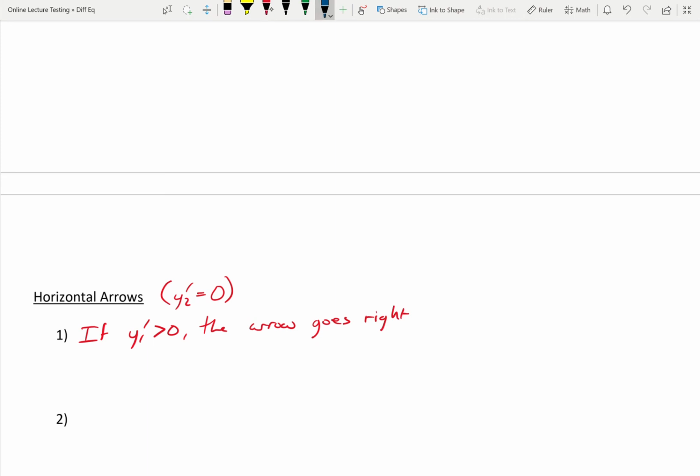You know what that looks like. Notice that the line segment has a 0 slope. And if y1 prime is negative, the arrow goes left.